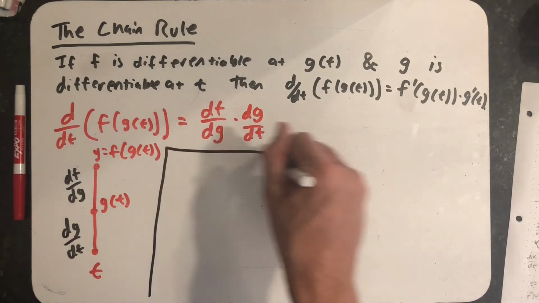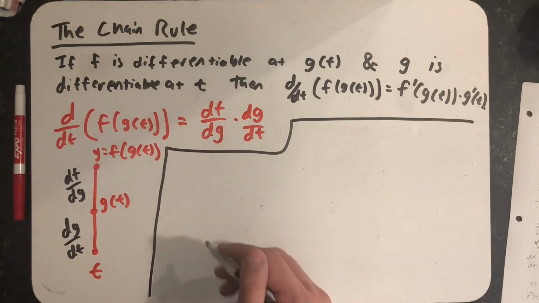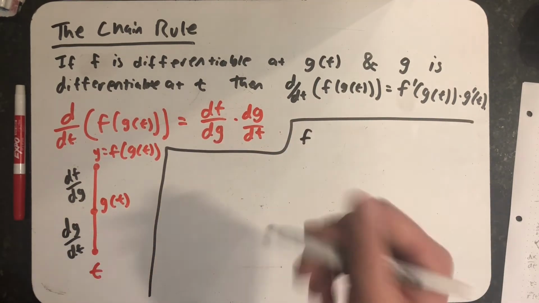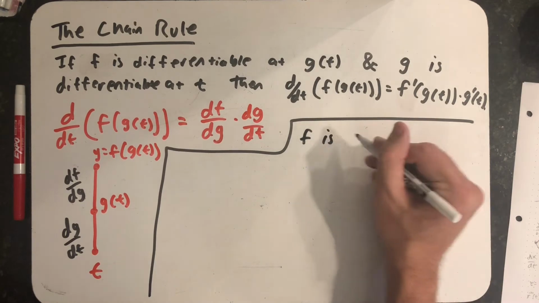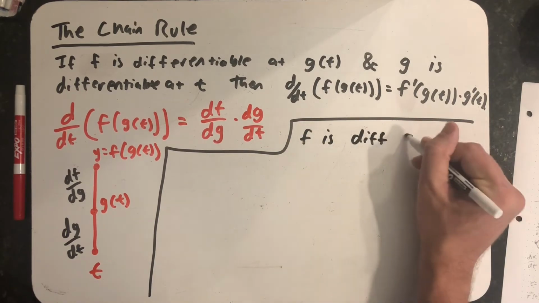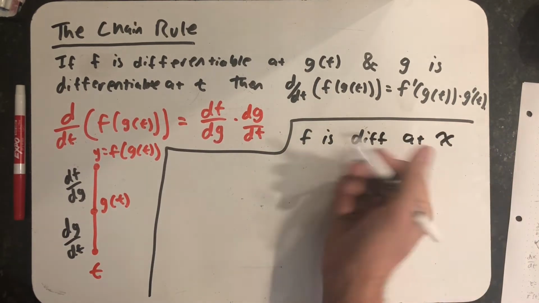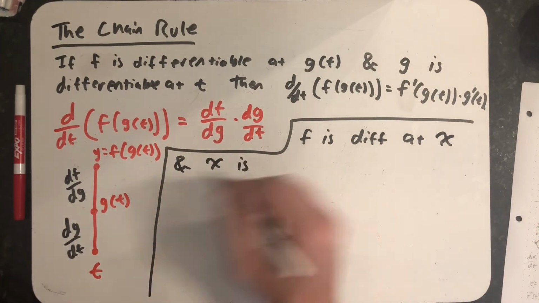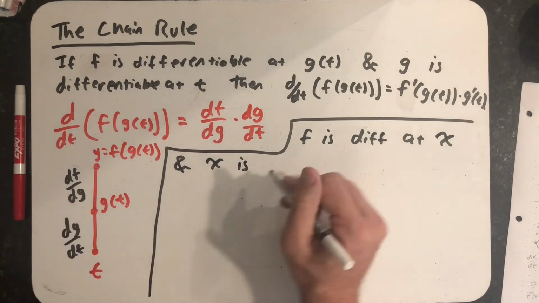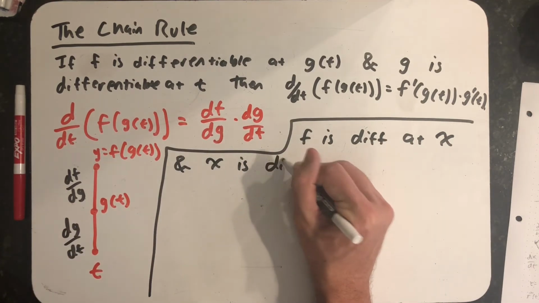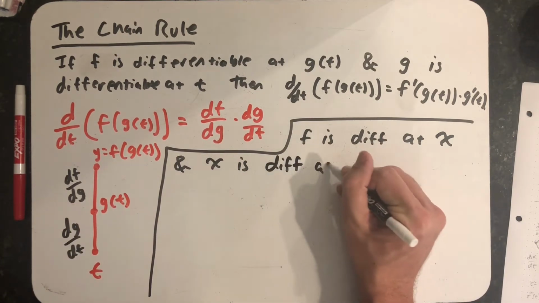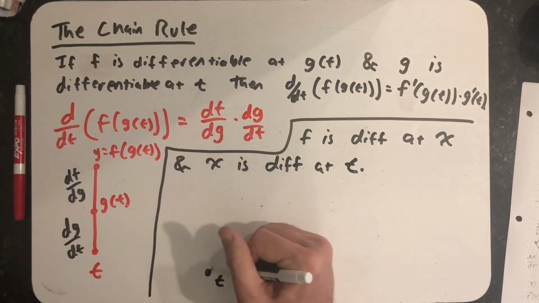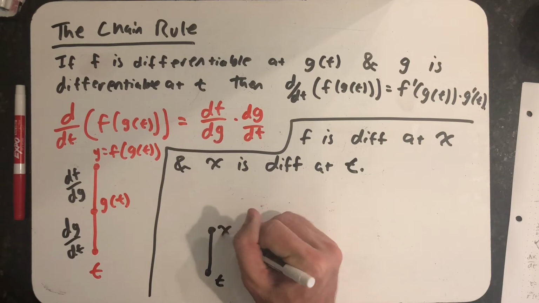Now, just to help us later on, let's think about f being differentiable at a variable x, and x in turn is a function on t, and it's differentiable on that variable t. So my dependency diagram would now look like this. T gets plugged into a function that gives me an x value.